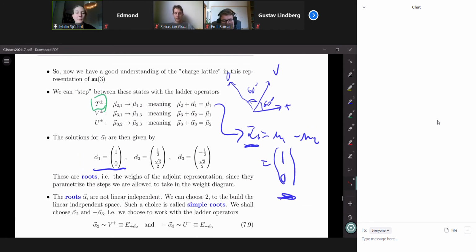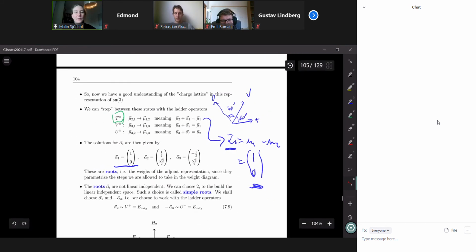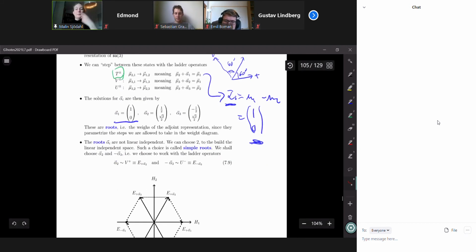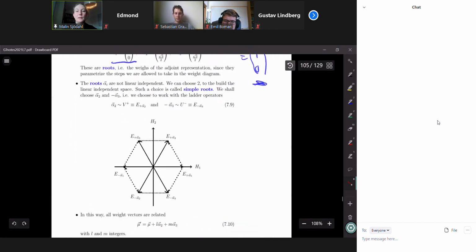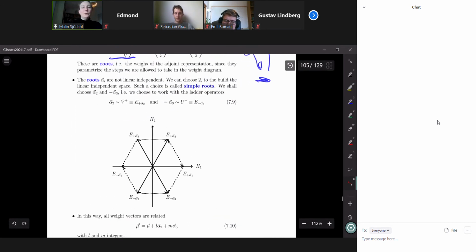So we have these 3 root vectors. They are free, but we only have a 2-dimensional plane, so they are clearly linearly dependent. So we are, in a sense, carrying around too much information, bothering about all of them. So what we do then is that we choose 2 of them, and from this we have a linearly independent set, and such a set is called a set of simple roots, and from that everything can be built up.